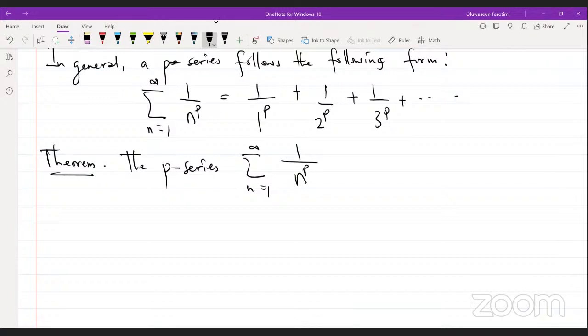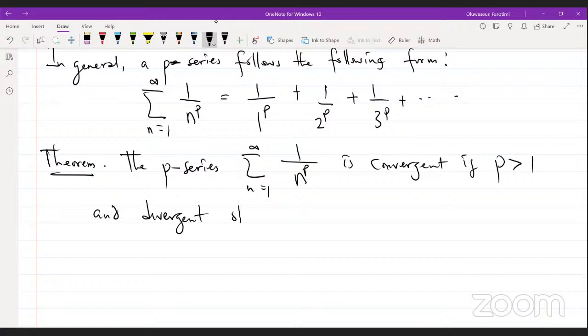It's convergent if p is greater than 1 and divergent otherwise. Okay, so a P series converges if the index p is greater than 1 and it diverges otherwise.